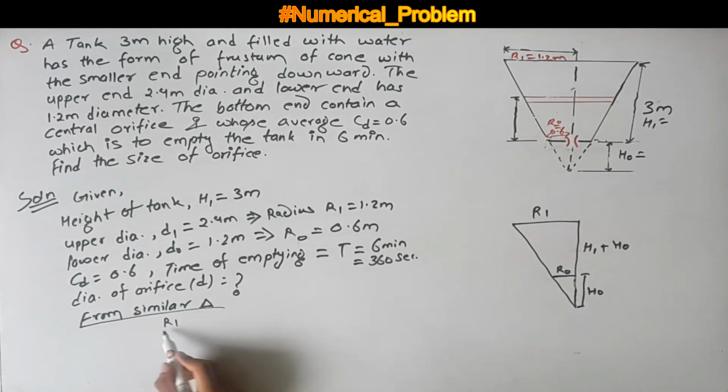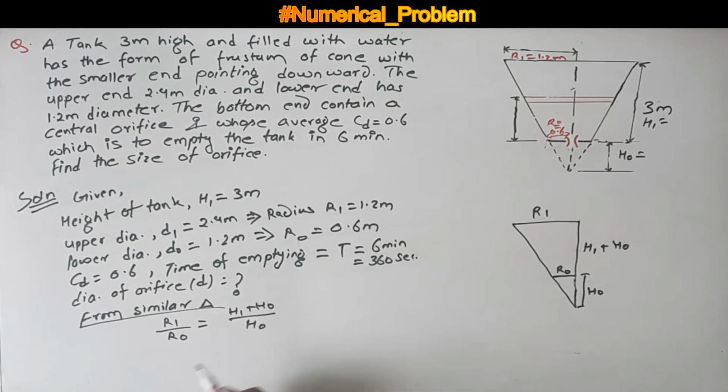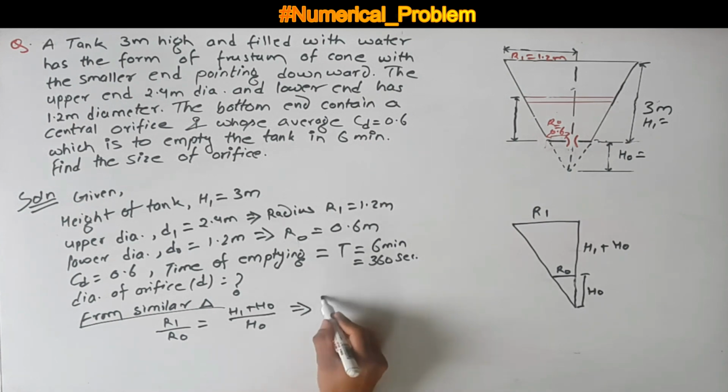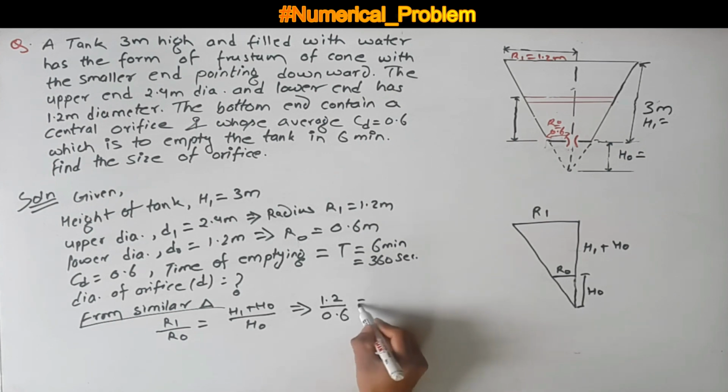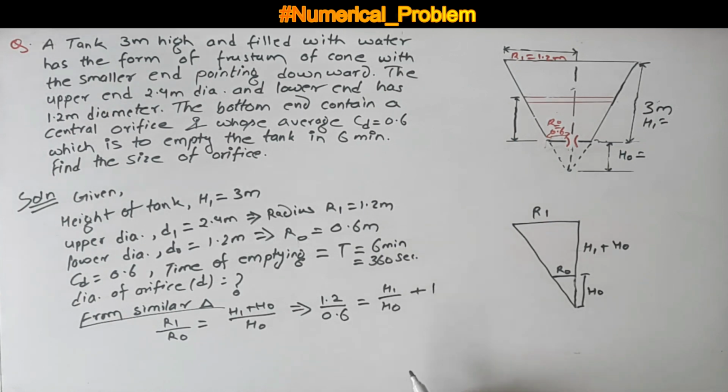This is R1 upon R naught equal to H1 plus H naught upon H naught. R1 is given, R naught is given. R1 is 1.2 and R naught is 0.6, equal to H1 upon H naught plus 1.